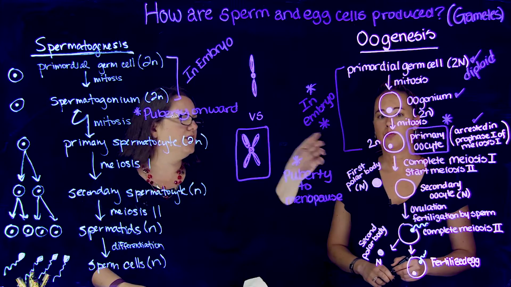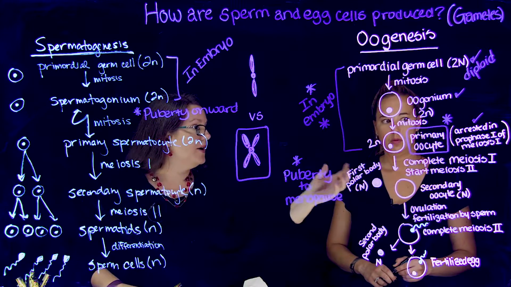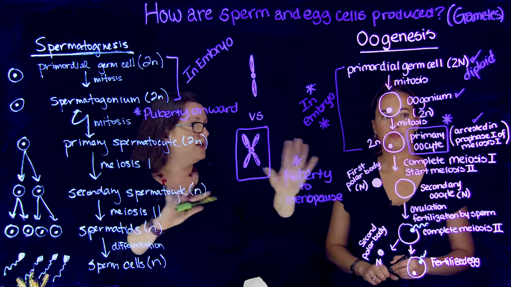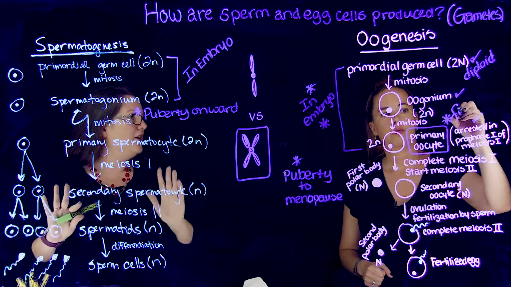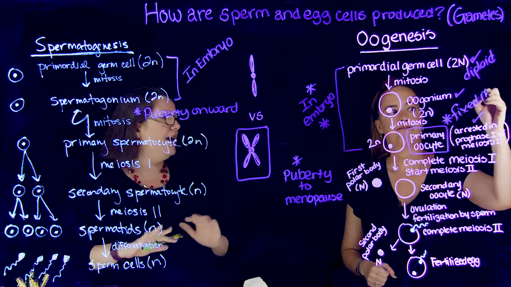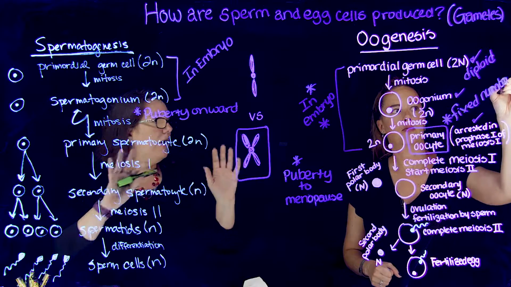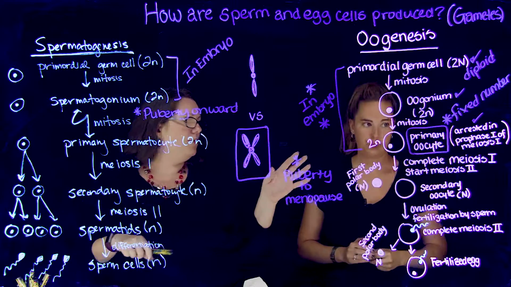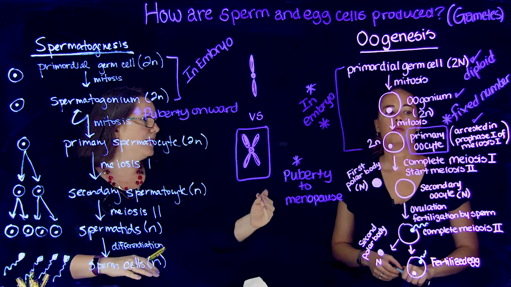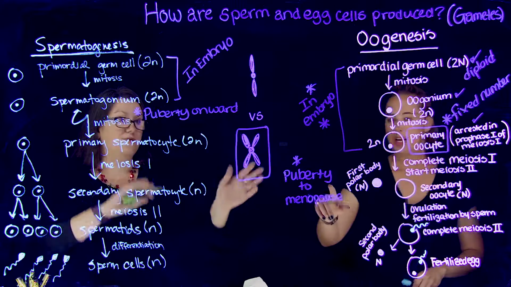So we've got cell division, and then we get to the point where we have some number of primary oocytes, and that's basically the number we have to carry forward and work with. Those primary oocytes get started with meiosis 1, and then they stop and freeze in place.